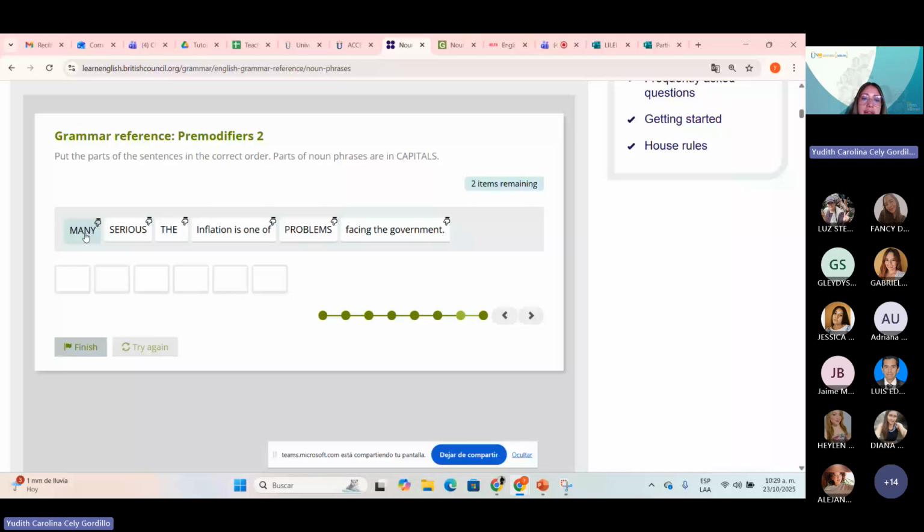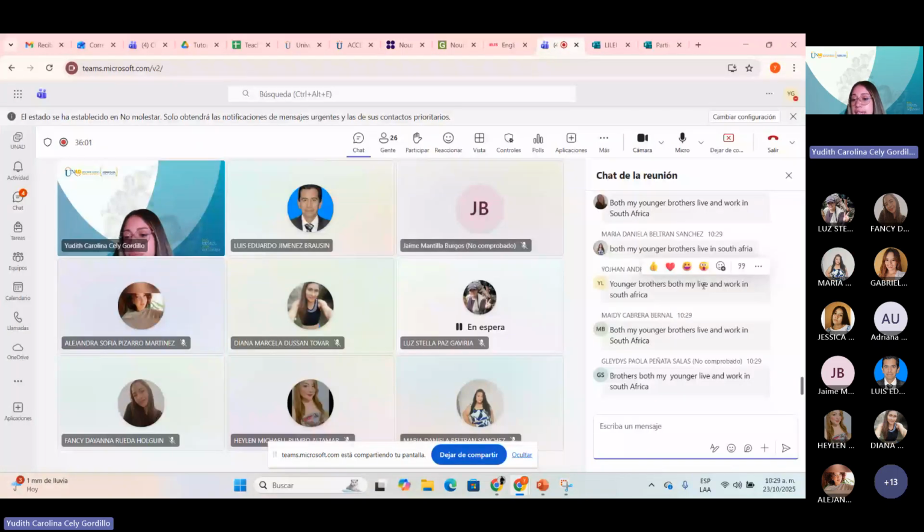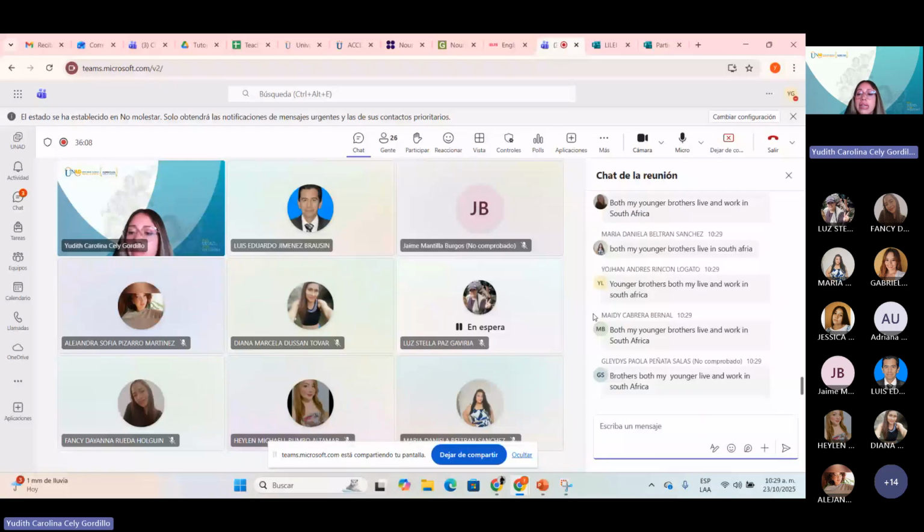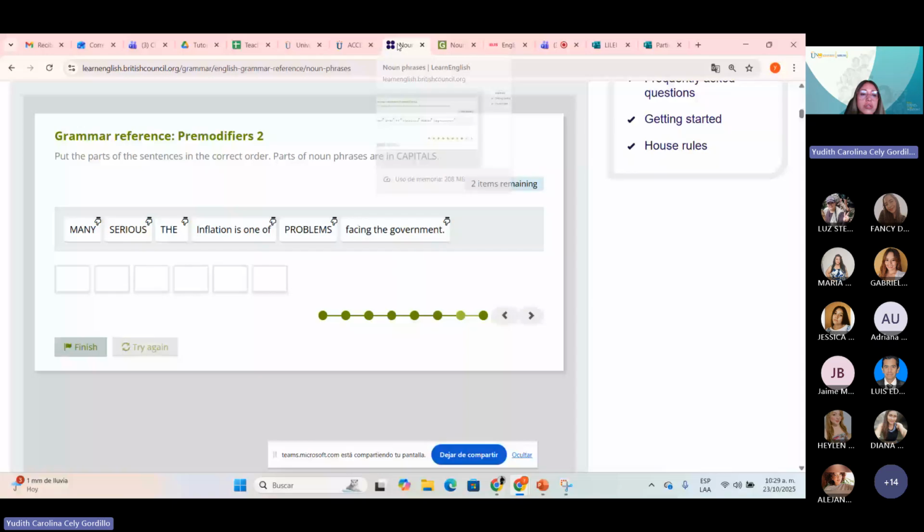Many serious the inflation is one of the problems facing the government. What do you think is the order in this statement? That's right, Gladys, Maida, Johan, Maria, Fancy. That's perfect, you did a good job. Let's continue. What about the rest of the statement? What is the first word?